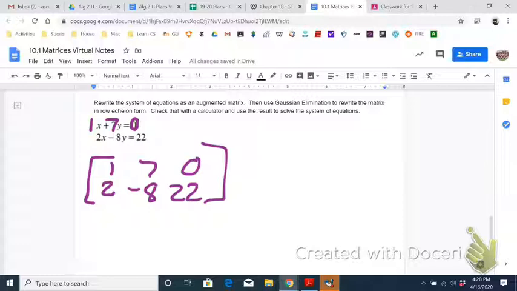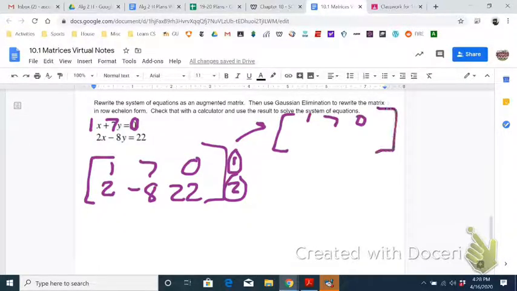If I call this equation 1 and that equation 2, I could get a new matrix by leaving the top row as it is, and then the bottom row is going to be negative 2 times the top row plus the bottom row. I'm going to do that to eliminate my x's. So negative 2 times 1 gives us negative 2, and then when we add that to 2, we get 0.